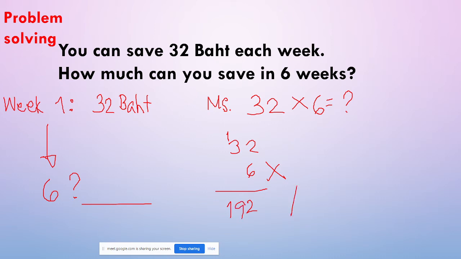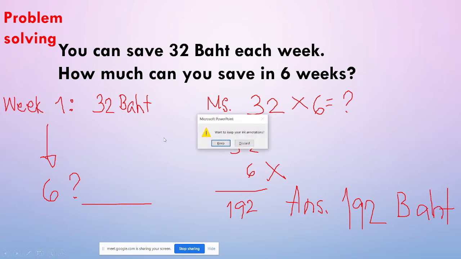So the answer is 192. What's the word? 192 baht. It means after 6 weeks, you can save 192 baht.